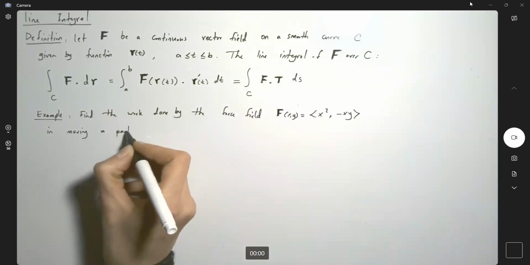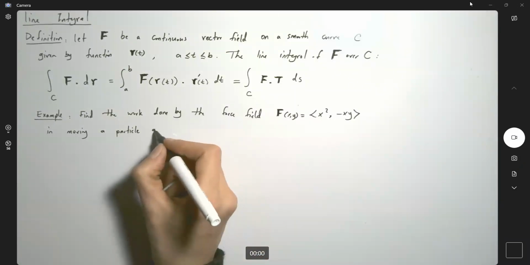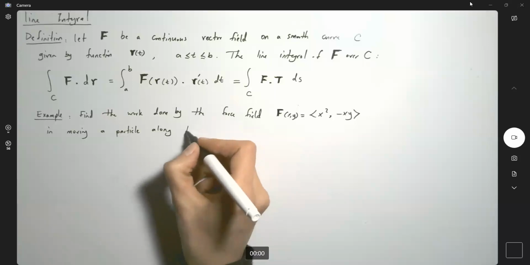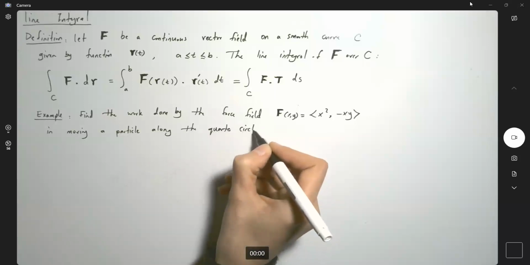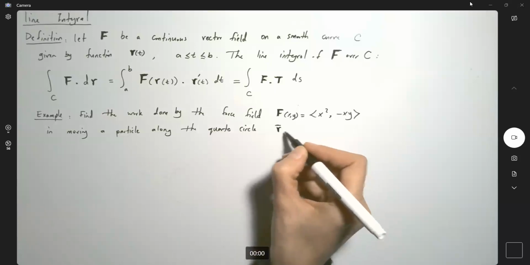Moving a very small object along the quarter circle, r(t). Here you have your vector.